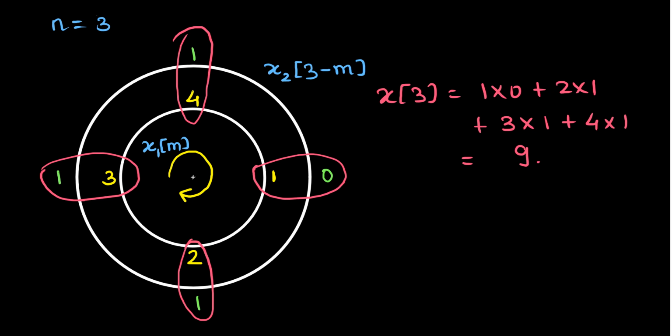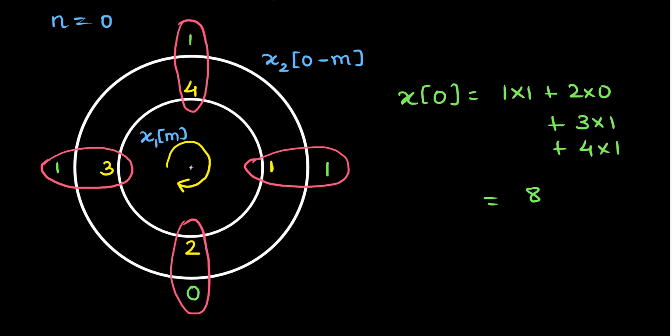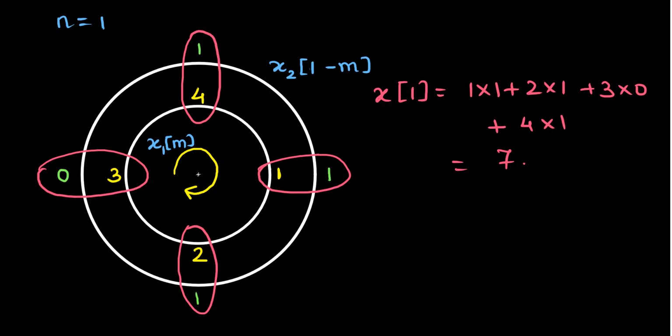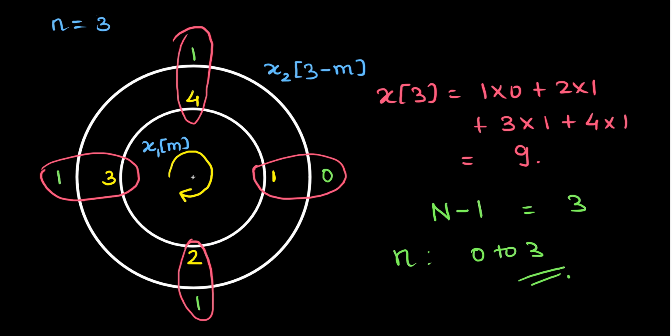So we will be completing our operation when we have reached the shifts till n minus 1, that is 3. So we would be shifting the sequence, ranging the value of n only from 0 to 3. And now the circular convolution that we have obtained has resulted in a sequence of 8, 7, 6 and 9.